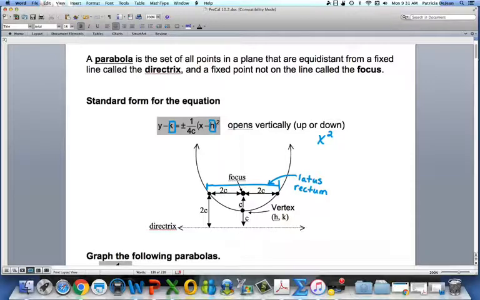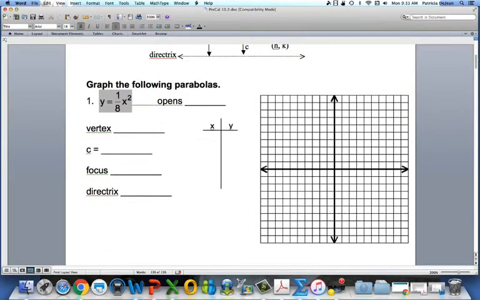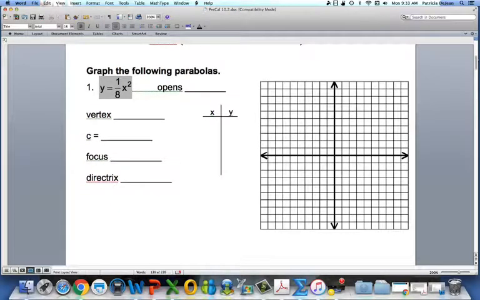So now let's work on graphing some of these parabolas and go from there. So we're going to start with this one. Y is equal to 1/8 x squared. And you're going to notice, first of all, there's no h and k. So what does that mean for practical purposes?